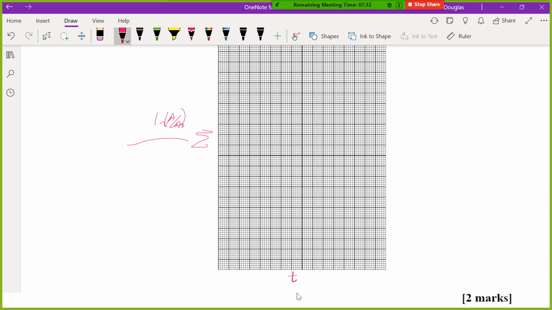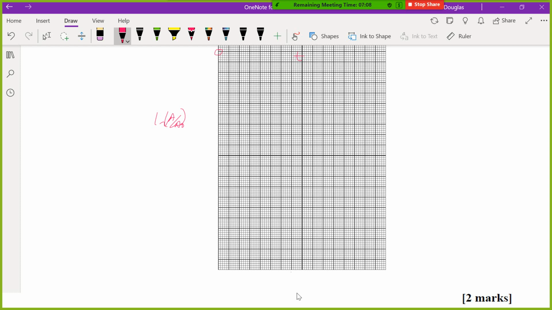I think what I have to do is get the negative numbers. I'm going to put time right here and start the graph right here, right?